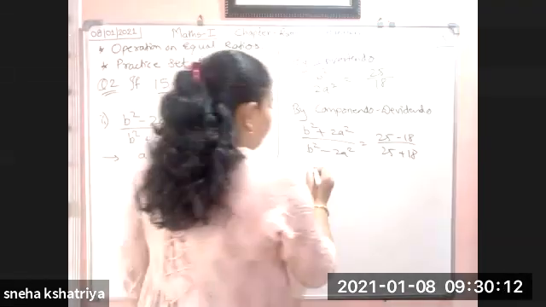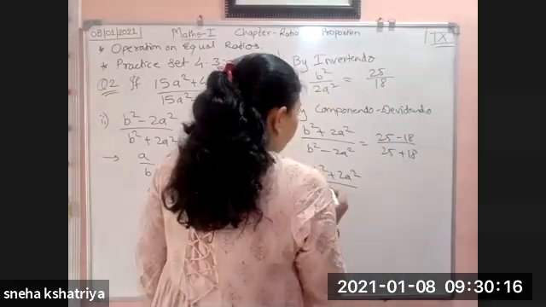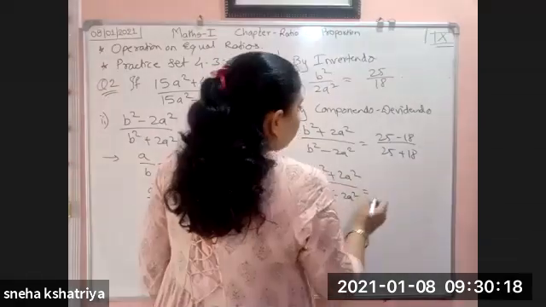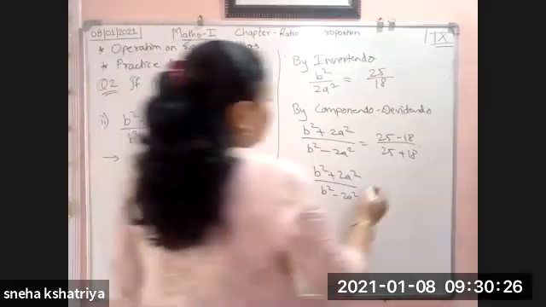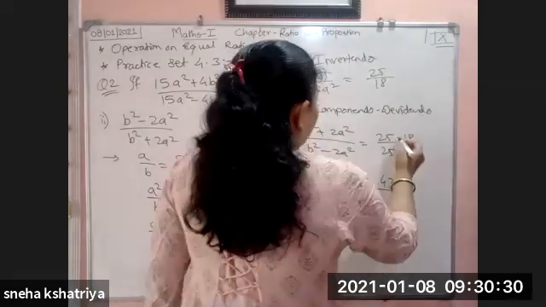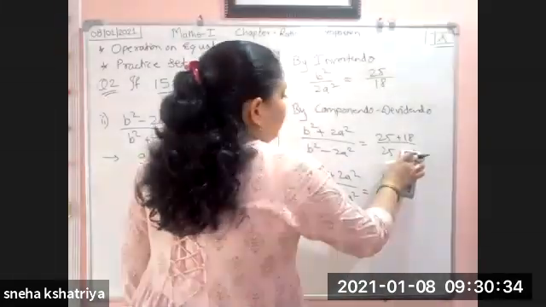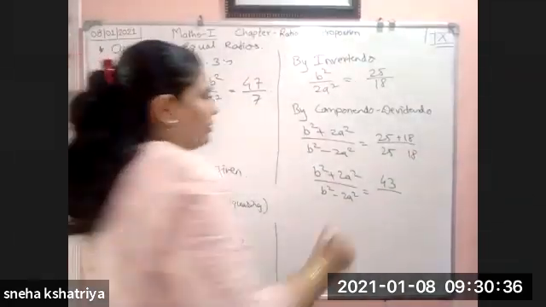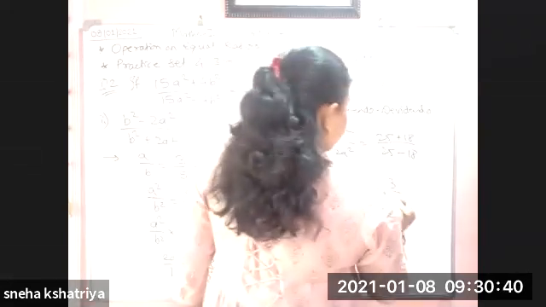Solve here. B square plus 2a square divided by b square minus 2a square, which is equal to 25 plus 18, it is 43. And 25, sorry, it is plus at numerator and minus at denominator: 7.